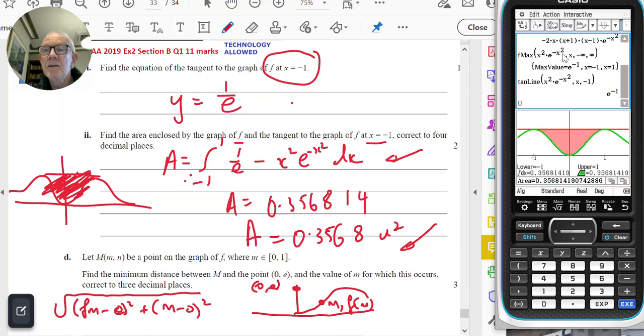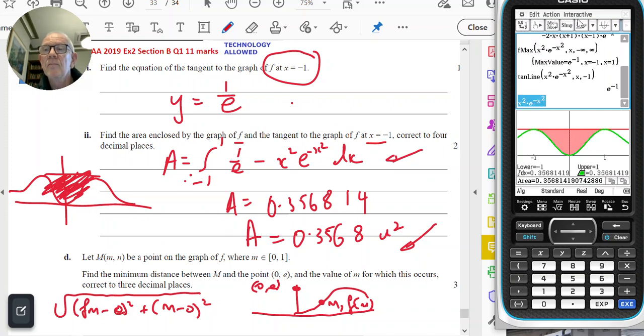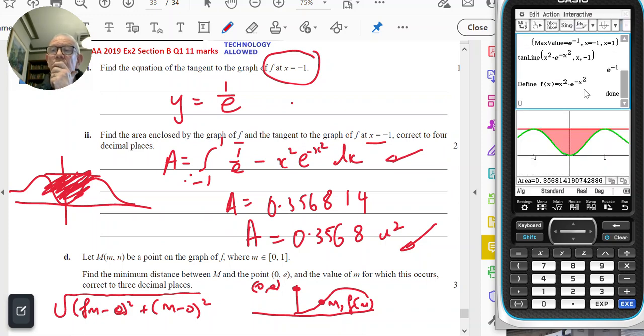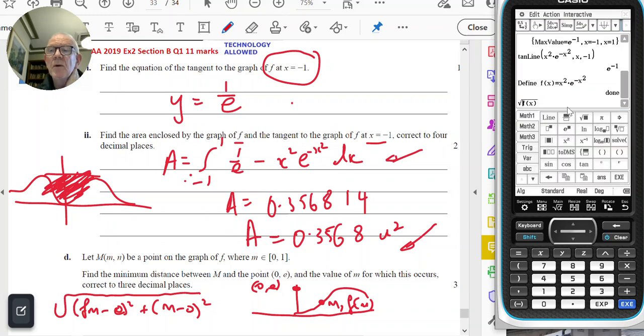So let's define this function, and let's take that in. So let's do keyboard square root, and let's put a bracket around that.